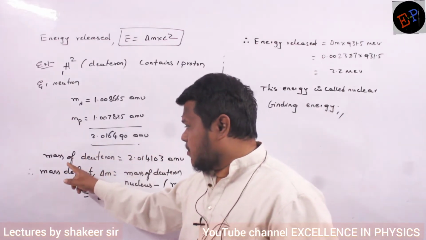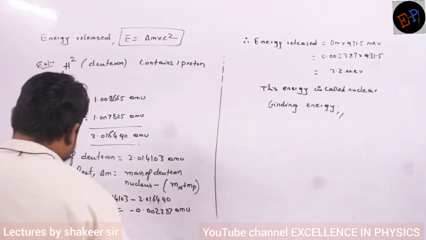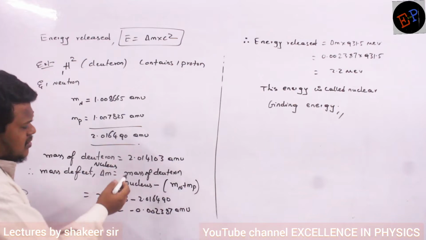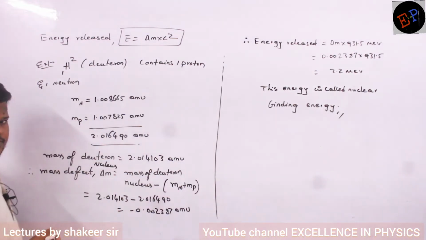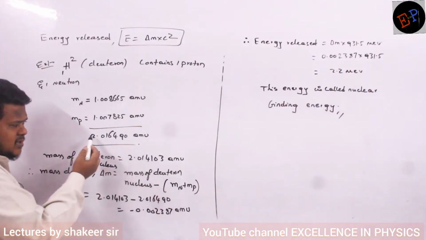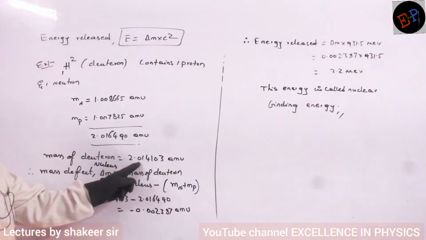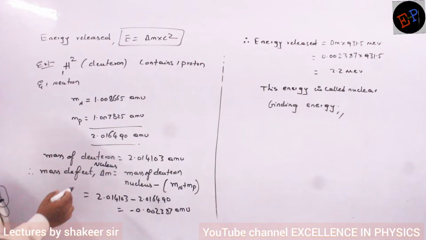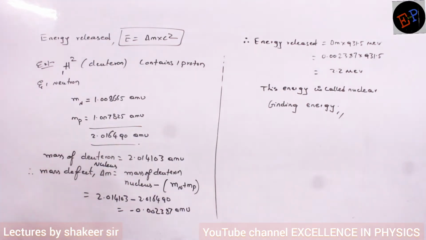But if you take the mass of the deuteron nucleus, how much is it? It is 0.014103 atomic mass units. So definitely this value is less than this value. Nucleus mass is less than the individual masses of the nucleons. So therefore what is the mass defect?